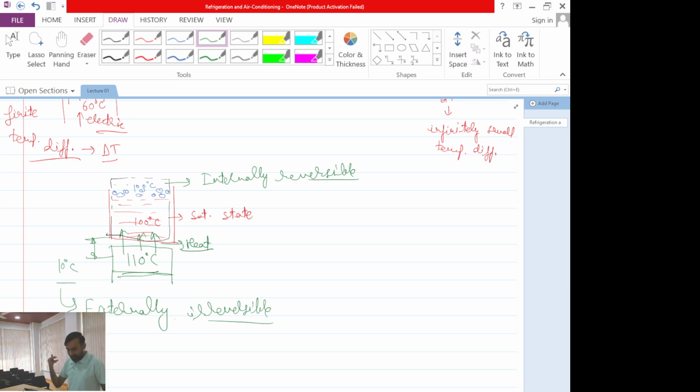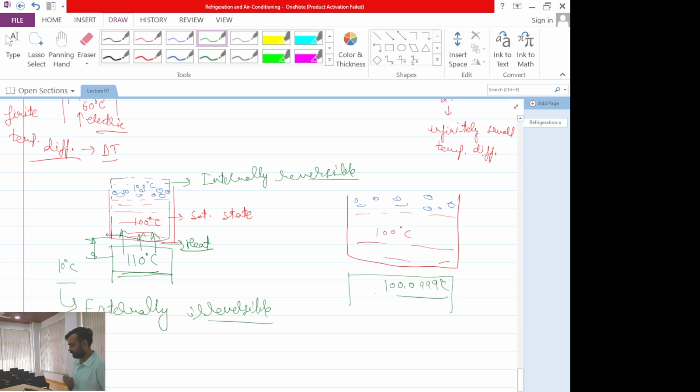And I can have another scenario where my liquid is at 100, I have some water vapor also, and whatever my source is, it is at a temperature of 100.0999 degrees Celsius. In this scenario, what will happen? Again, I will be having some addition of heat.